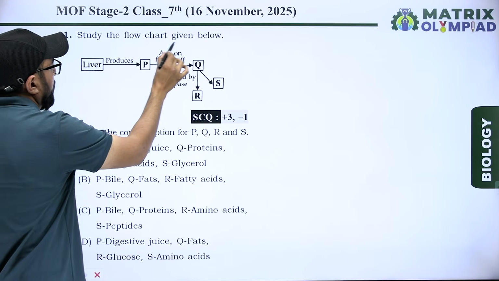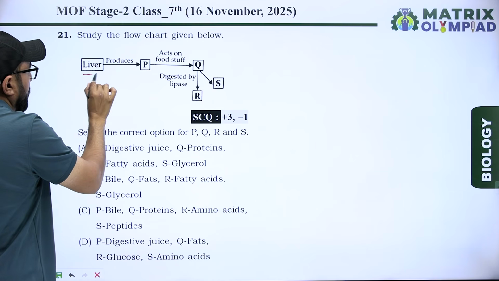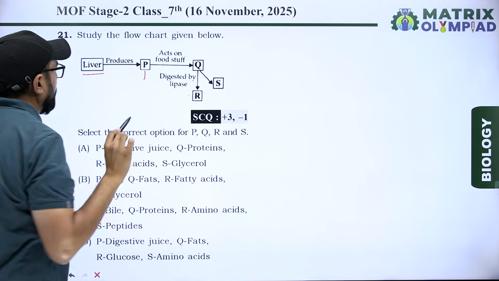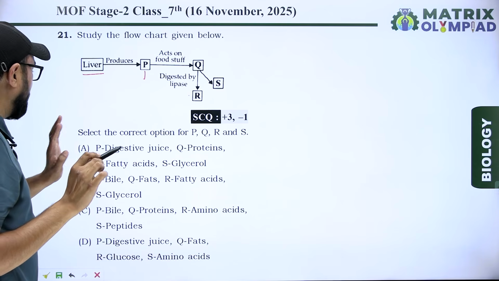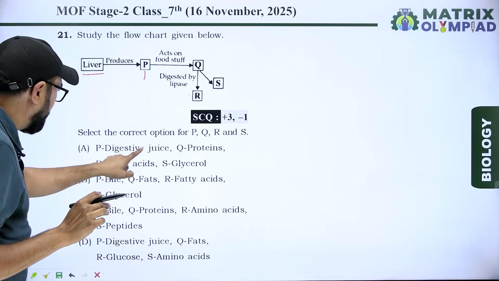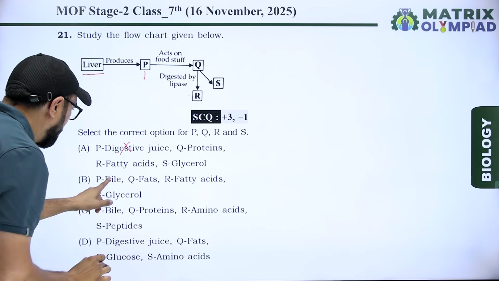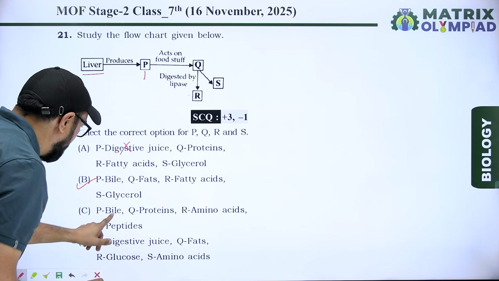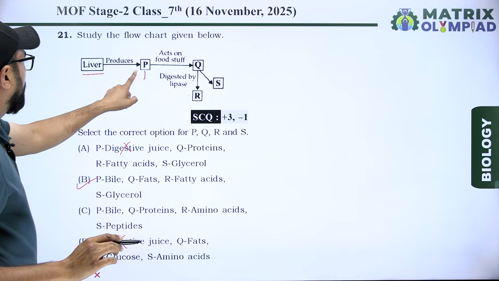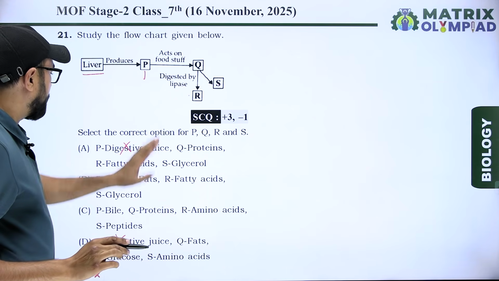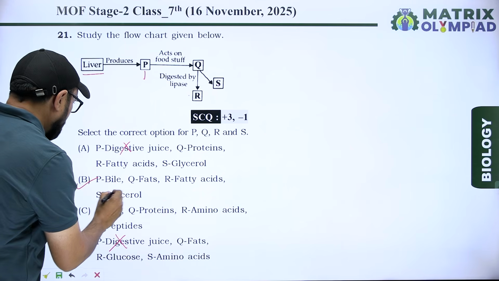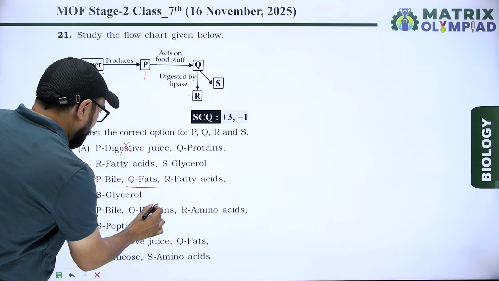Study the flow chart given below. Liver, P, Q, R and S. Liver produces P, it means bile juice. Liver produces digestive juice? No. Bile juice? Yes. Bile, yes. Digestive juice, no. Acts on foodstuff like fat, it means Q, fat, protein, wrong.